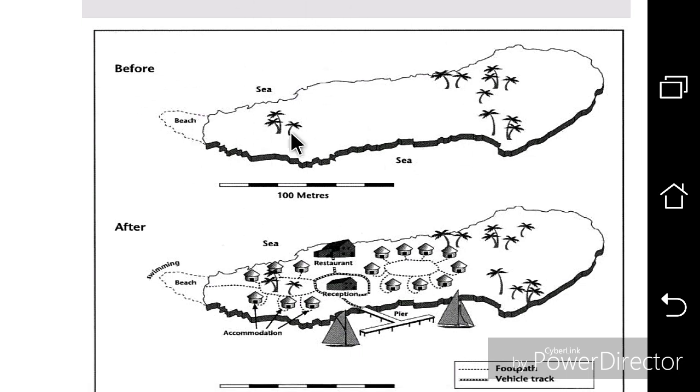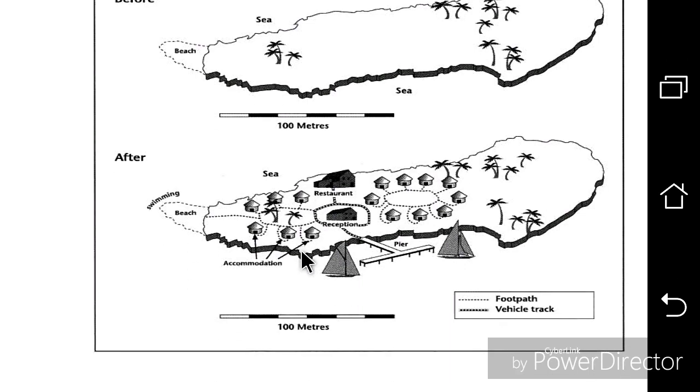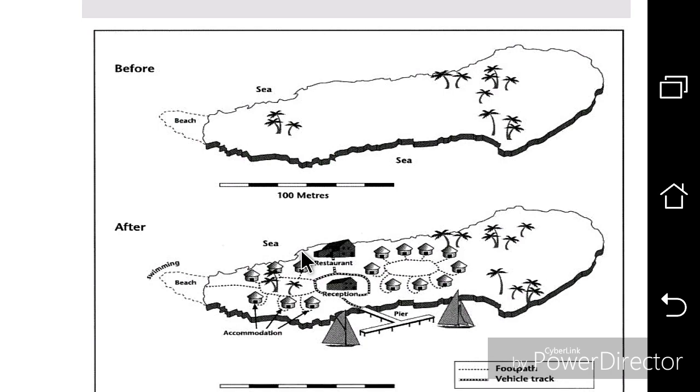It was just an island. Now after the construction period, I would like to say that the tourism industry bloomed here, and you can find the cottages for the tourists, restaurant, reception, then there are boats for them, there are beaches for swimming purpose. So there is a sea change, or a vast change.